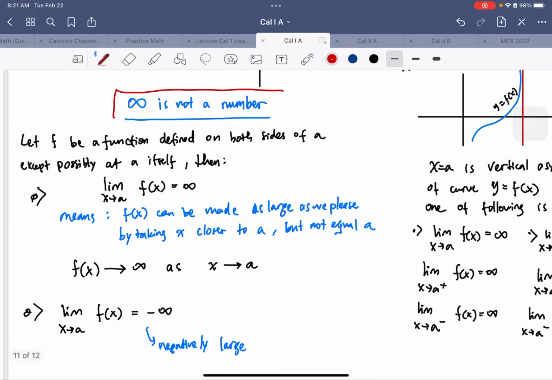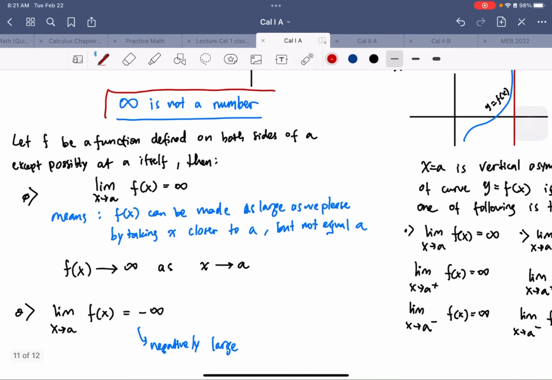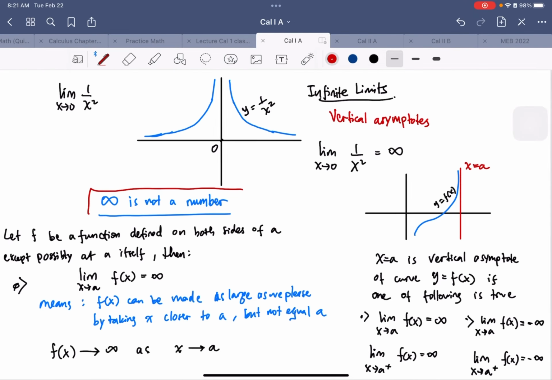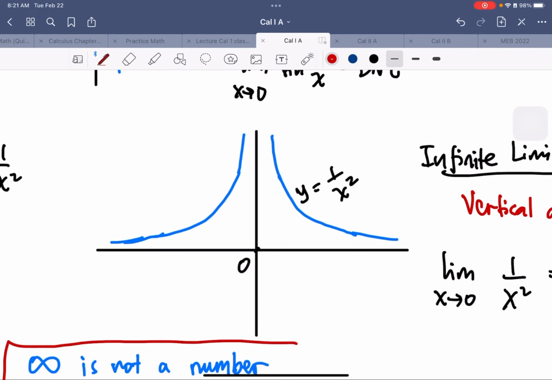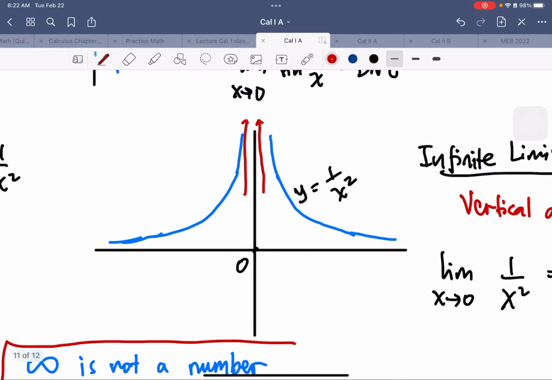So we are not saying that the value is not defined, but we can say it can be any large number because we can add as much as we want. I think it's visually understandable when you have the graph: when you look at x approaching 0, it has some behavior where it's going up, all the way up, right?